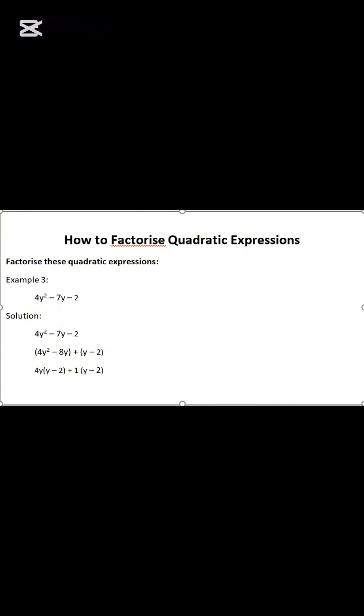So we get plus 1 out and we'll be left with y minus 2. See the common bracket again. Both groups have y minus 2. So we factor that out to give us y minus 2 into brackets 4y plus 1. And that's it. That's the factorization of 4y squared minus 7y minus 2. It's y minus 2 into brackets 4y plus 1.